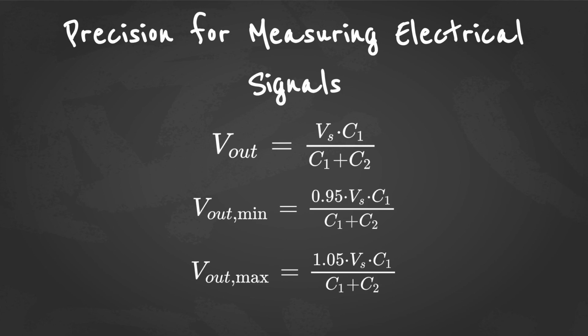Similarly, our V out maximum is going to be plus 5% of our V out quantity, so it is 1.05 times V out, or 1.05 times Vs times C1 over C1 plus C2. And this is our precision for measuring electrical signals.